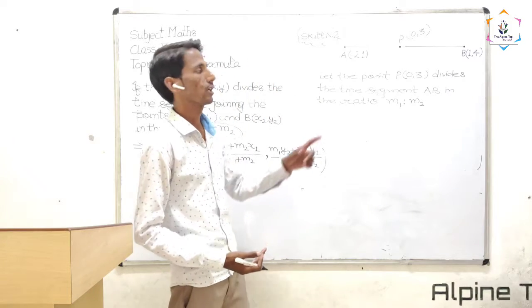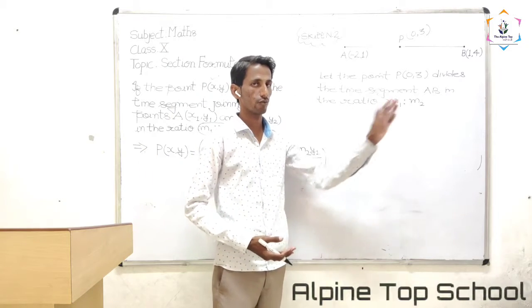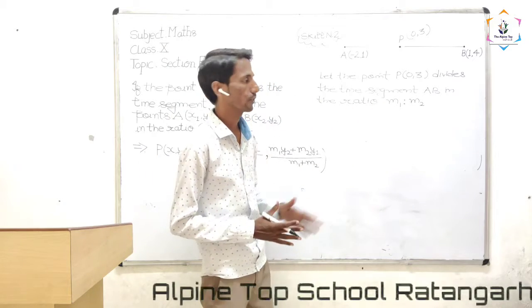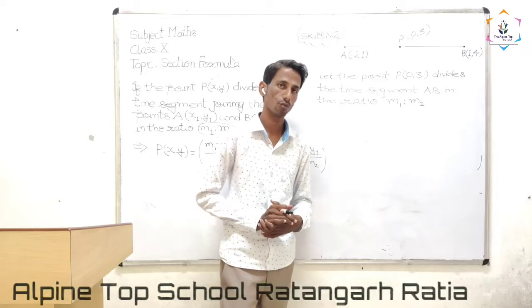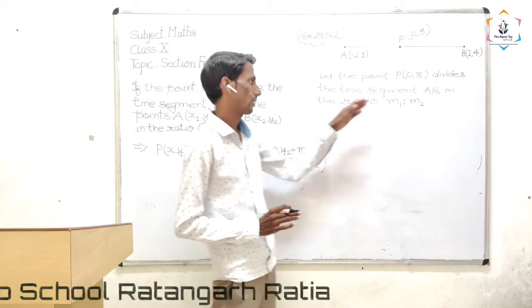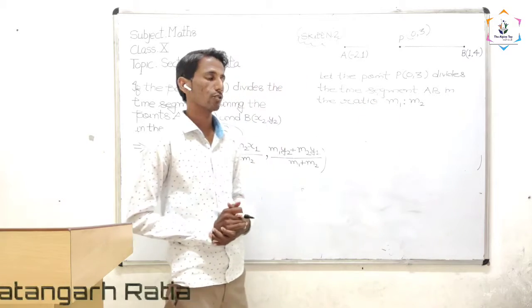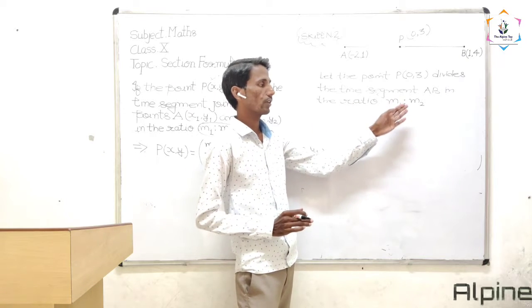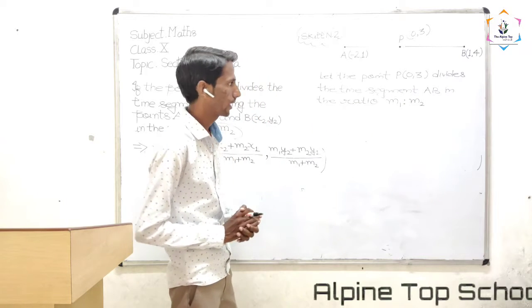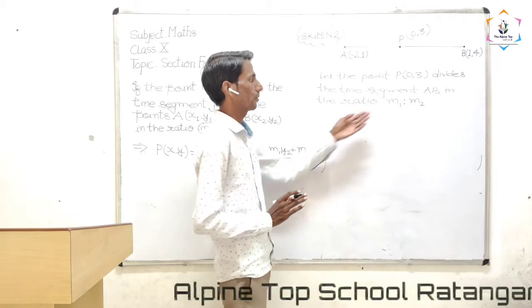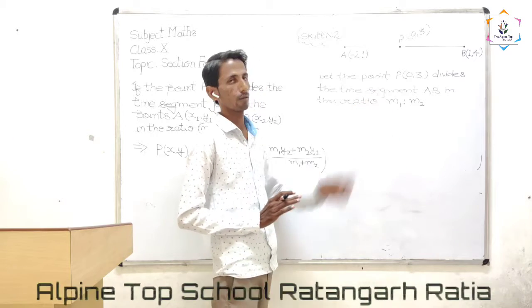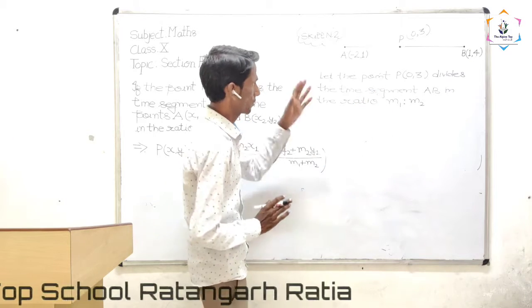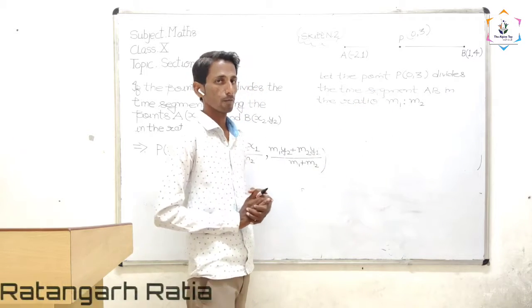Dear students, you may assume this as k : 1 or lambda : 1, but here I am using the ratio m1 : m2. Now we have to find the values of m1 and m2, that is, the ratio in which the point P divides the line segment AB.